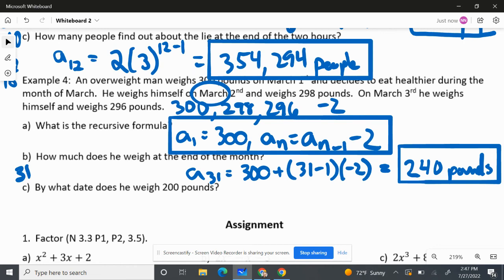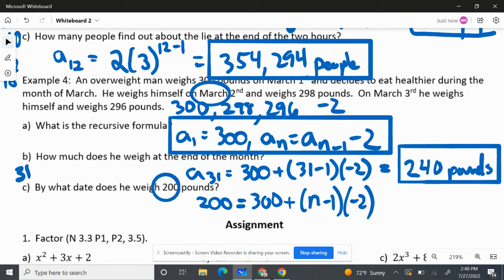And letter C, by what date does he weigh 200 pounds? This time I don't know. I'm not trying to find the nth term. What I'm trying to do is find n. So I'm going to plug the 200 in for a sub n. So I'm going to go 200 equals 300 plus, and I'm going to solve for n.